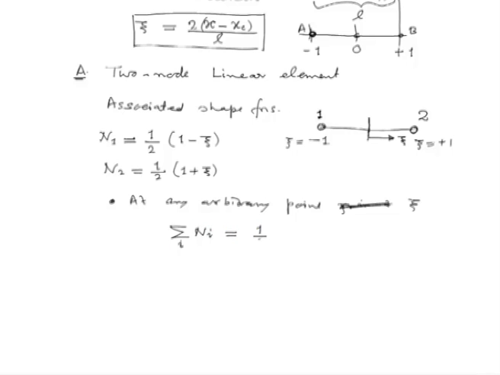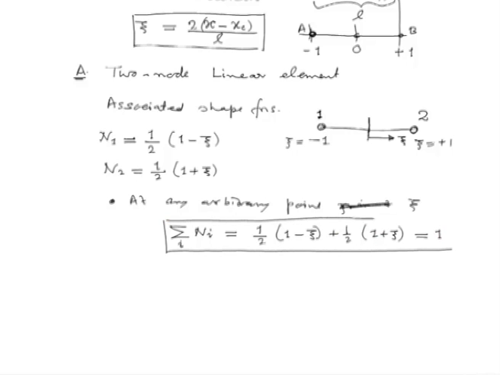We have got 1 by 2 into 1 minus xi plus 1 by 2 into 1 plus xi, which gives us 1. So, these shape functions do satisfy it. Thus N1 and N2 do represent a partition of unity.